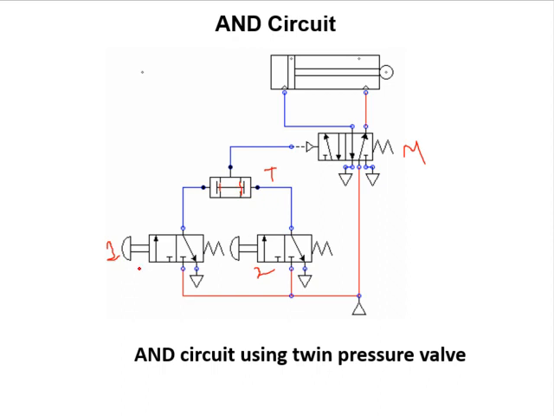So if only one DC valve is actuated, we will not get the output here. To get the output, both inlets, that is both DC valves, must be actuated. Then only we get the pilot signal here, which acts on the main DC valve, and the DC valve changes its position and we get the forward stroke.